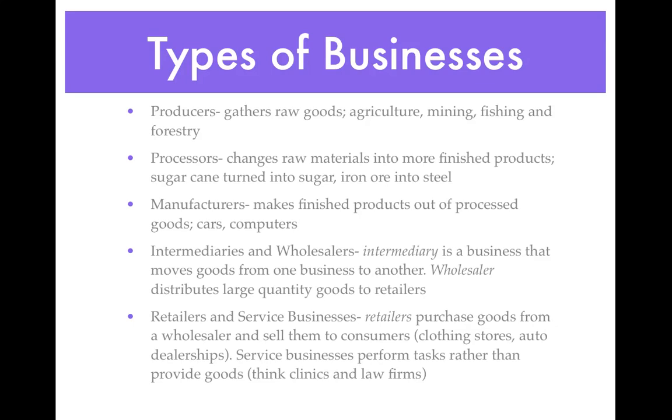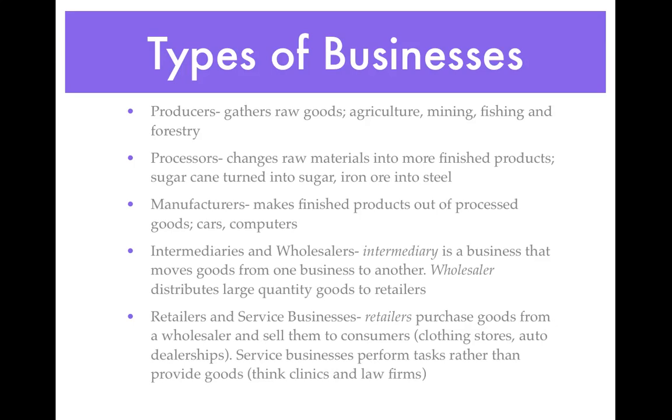Manufacturers are the companies that make finished products out of processed goods. So things like cars and computers are examples of manufactured items. Then you have intermediaries and wholesalers. So an intermediary is a business that is moving goods from one business to another.